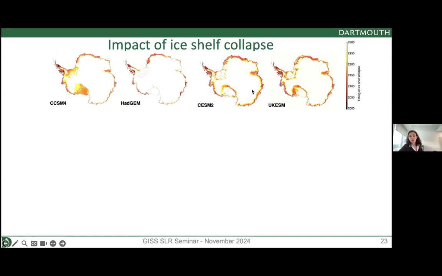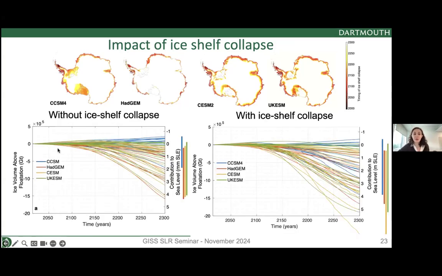If we then look at the 2 models from CMIP6, CESM2 and UKESM, we see that they have a much closer way of simulating ice shelf collapse, with large melt happening at the break-in slope where you have these katabatic winds that play really important roles. And actually we were able to simulate the largest iceberg you ever dreamed of. But so what happens when we do that? This is the impact of including ice shelf collapse in our simulations.